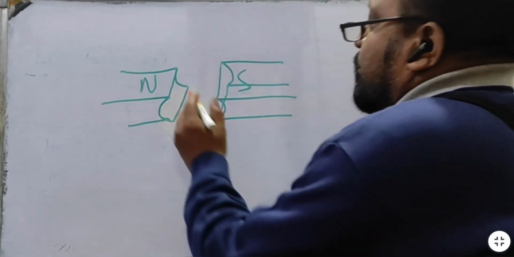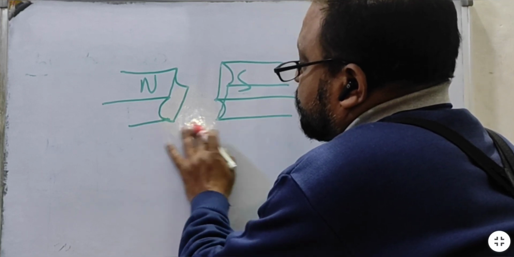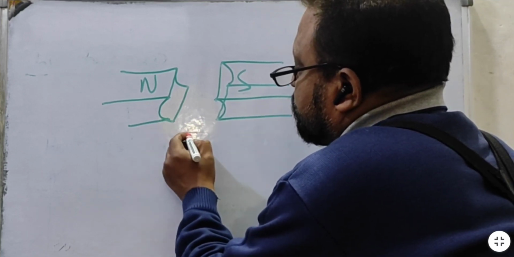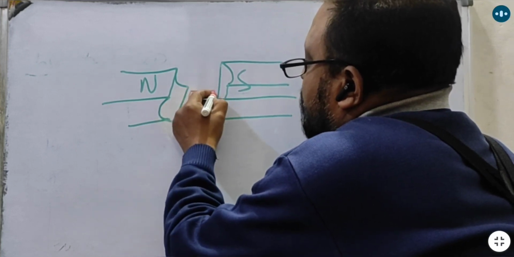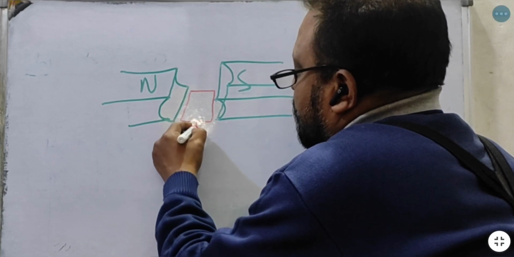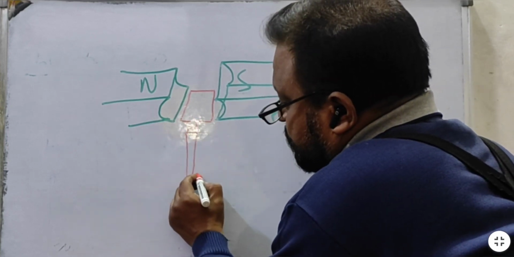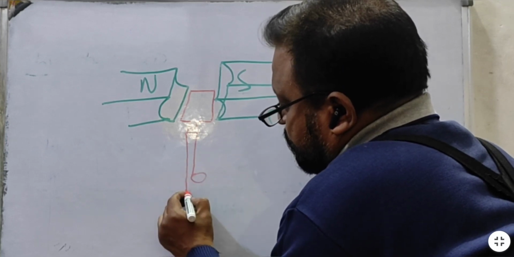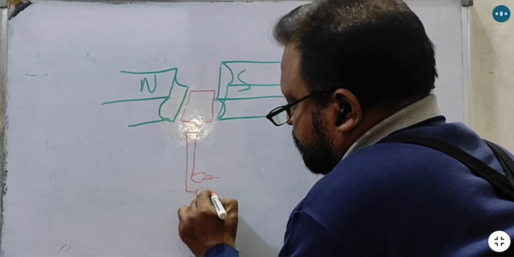If so, when a coil is moving, this is a coil in the magnetic field, right? These are the slip rings. These are carbon brushes, right?